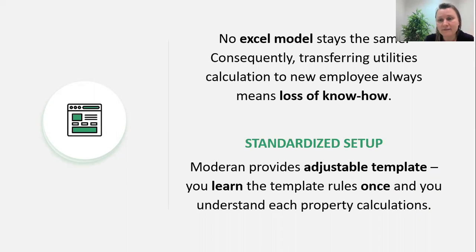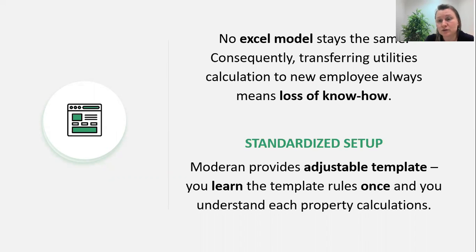Because even if you have developed a template that is used in different properties, they still tend to start to diverge. And this means that for someone to understand how the calculations are actually done, it might need additional information from your team. So it's pretty difficult to transfer this process from one team member to another.